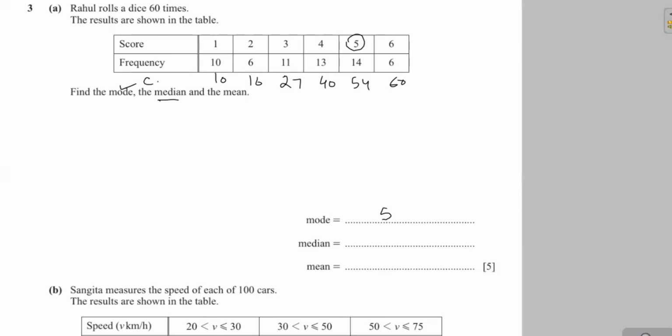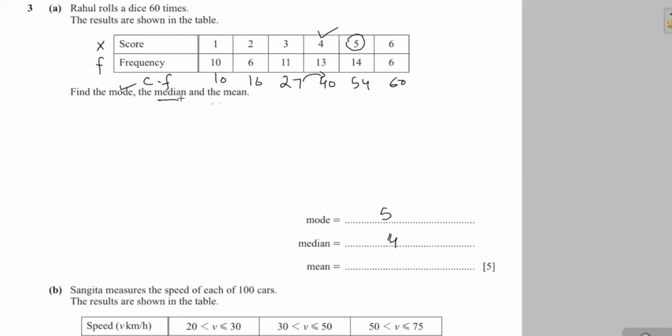This is the cumulative frequency, and the 30th data will occur between 27 and 40. Look here, after the 27th data, the score is 4, and therefore the 30th value will occur where the score is 4. Therefore, 4 is the median.